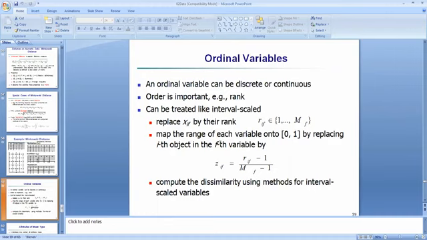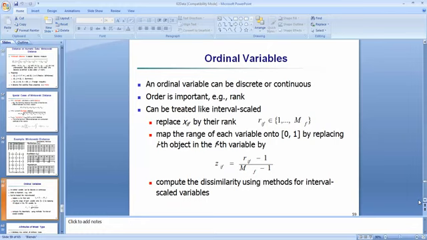Then you have to map the range of each variable onto the interval between 0 and 1, by replacing the ith object in the fth variable using the score formula zif equals rif minus 1 divided by Mf minus 1. Then you compute the dissimilarity using methods for interval-scaled variables.